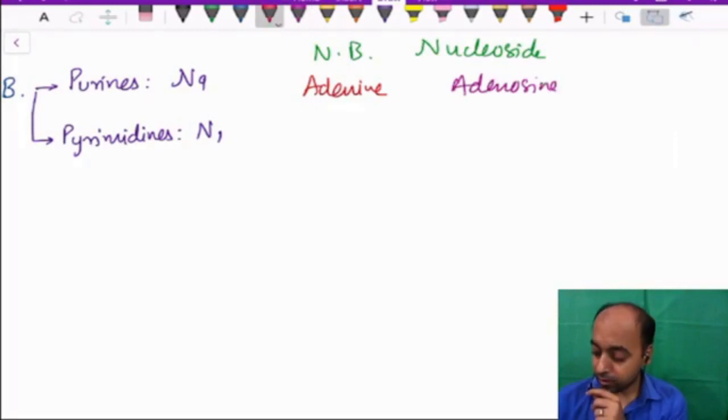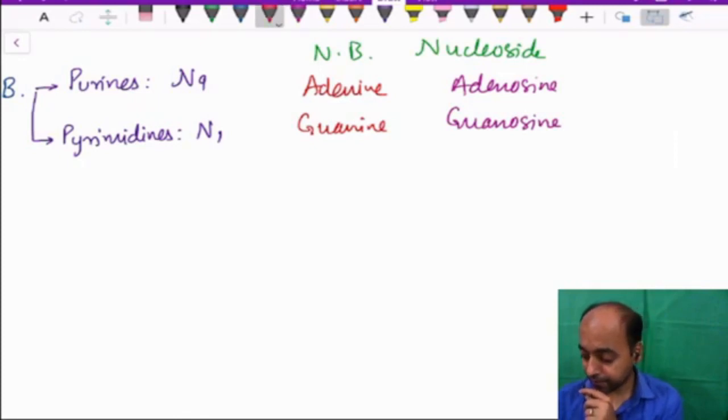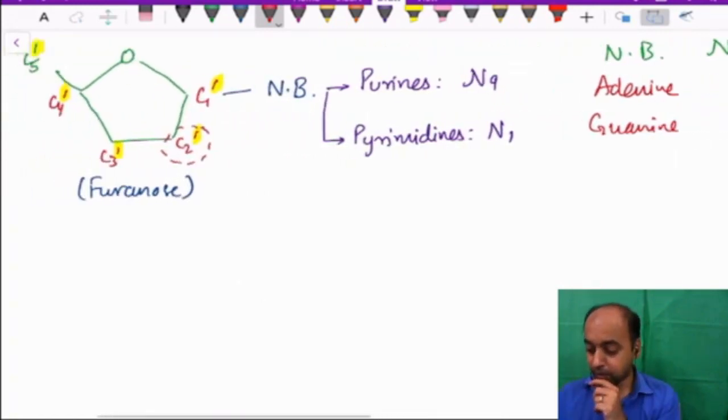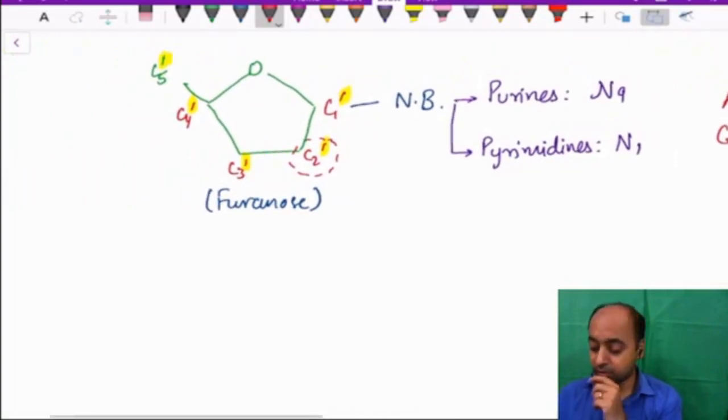The guanine becomes guanosine. Alright, so like that we will have the changes for the nitrogenous bases and they are getting converted to the nucleoside. Okay, so this is how the nucleoside is formed.